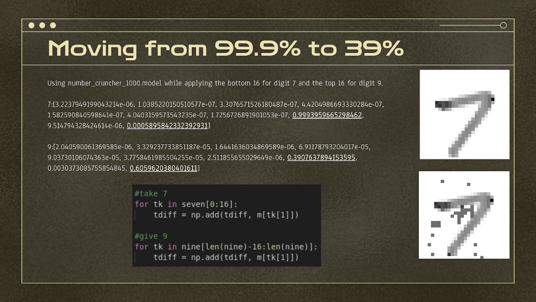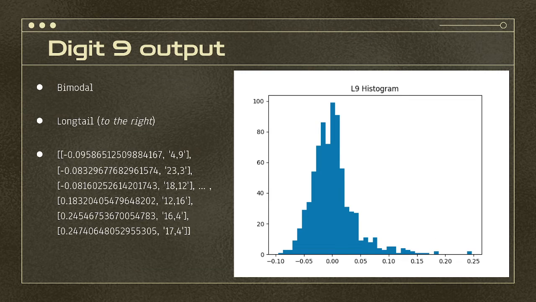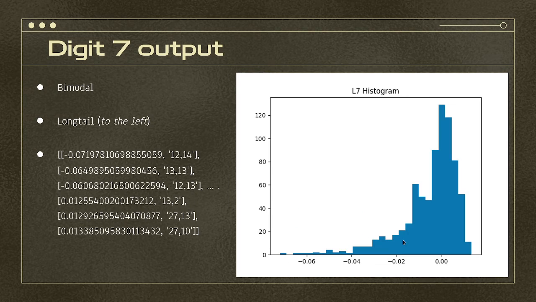Now, we can certainly go further and increase the number of things that we take from the 9 array, which consist of basically stuff on this side to enhance the 9ness, or we can take from the 7 array on the low end to decrease the 7ness.